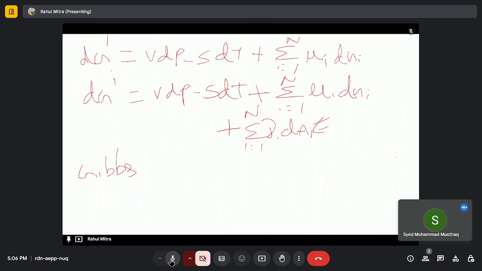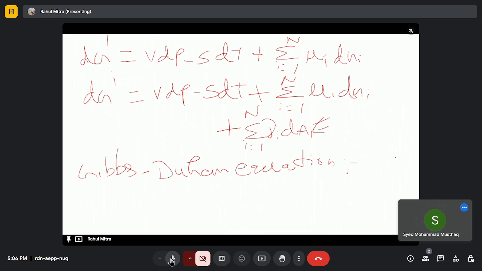That gives the Gibbs-Duhem equation. Now, what does the Gibbs-Duhem equation do? It's a very unique equation that describes the relationship between two dependent properties.